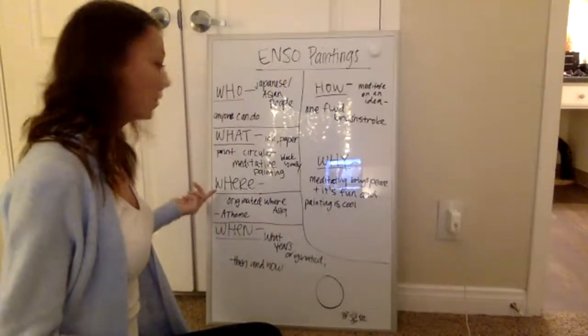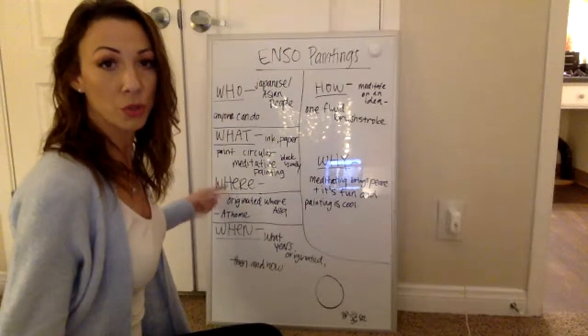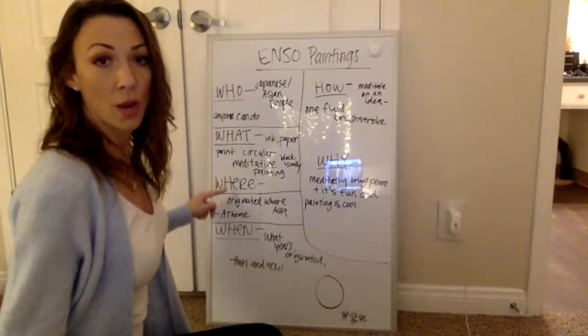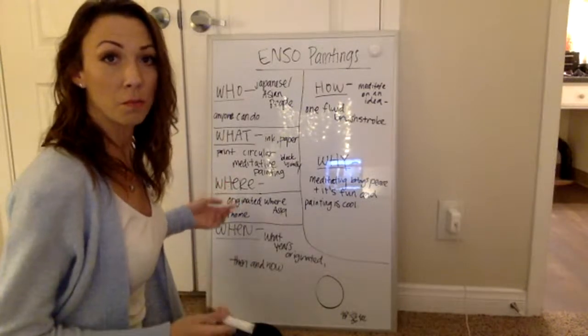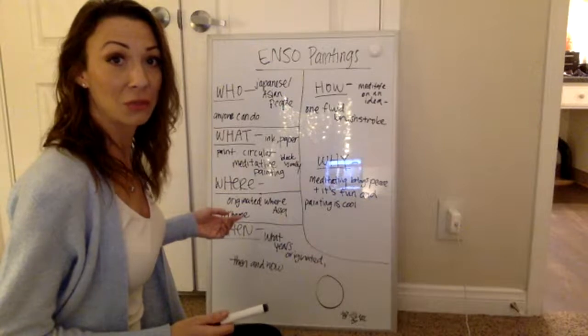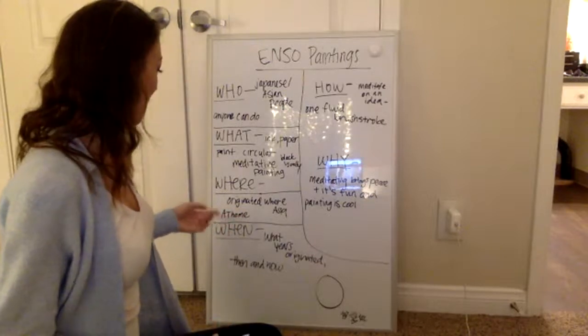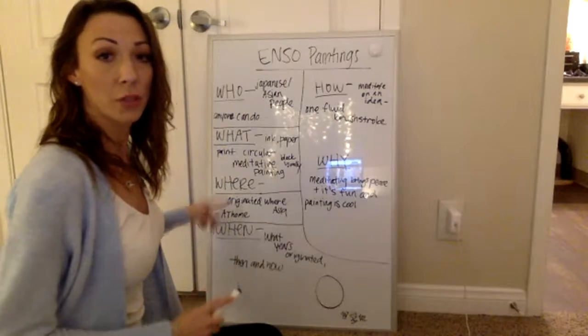If you're doing World War II, you think about the where. Where did these things originate? I think Germany, Japan. Don't quote me on that. You could put where certain battles were fought.